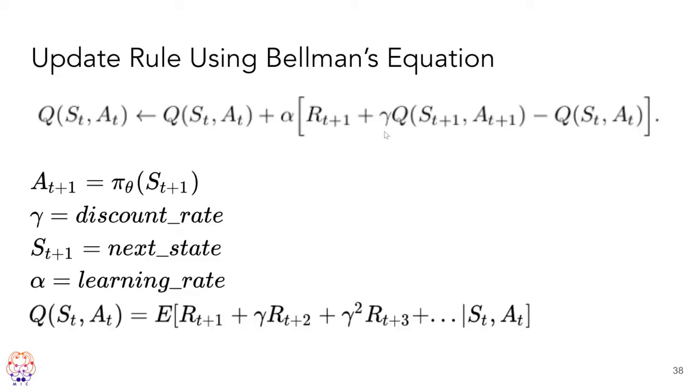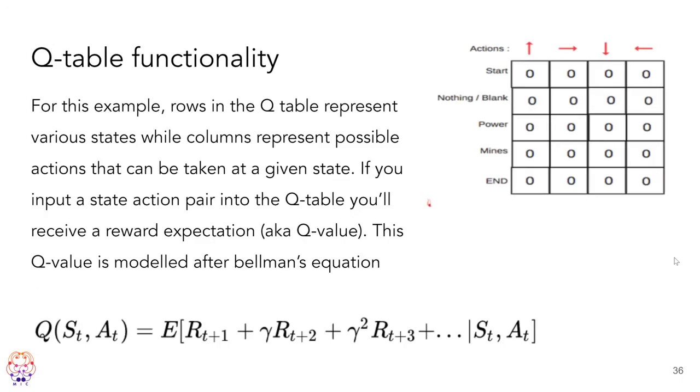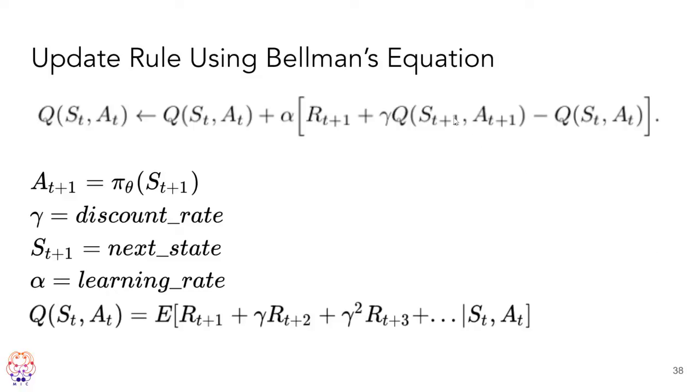This expression is simply stating, okay, so after being in the next state, what is the most optimal thing we can do while in that state? So we're on the bomb, we already lost 100 points, but let's say the episode continues. The most optimal action, if on the bomb, if there was a power-up here, would probably be to pick up the power-up. So in the next state, where we land on the bomb, the action we want to choose is go to the right, because that'd be picking up the power-up.